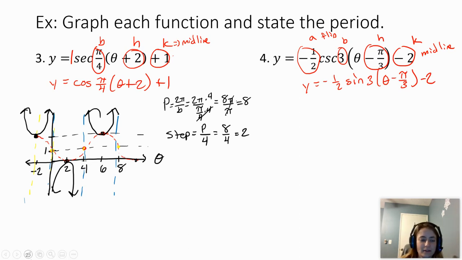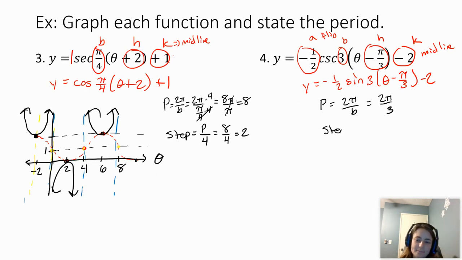Okay, let's determine the period. So we're looking at cosecant, so 2 pi over b, b is 3. So the period is 2 pi over 3.